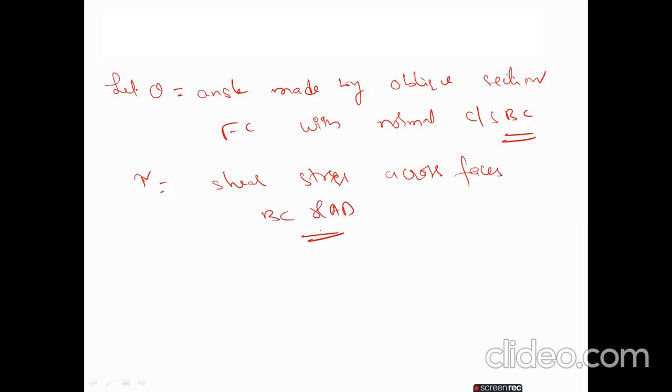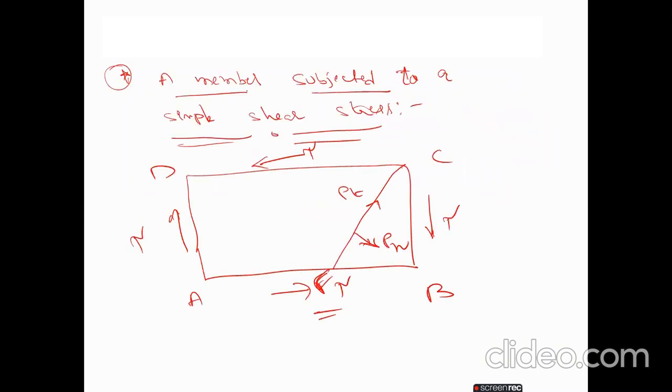So if you observe here, the shear stress is always accompanied by an equal shear stress at right angles. So AB and CD will also be subjected to the shear stress. These two faces, AB and CD, are also subjected to the shear stress, that is tau.